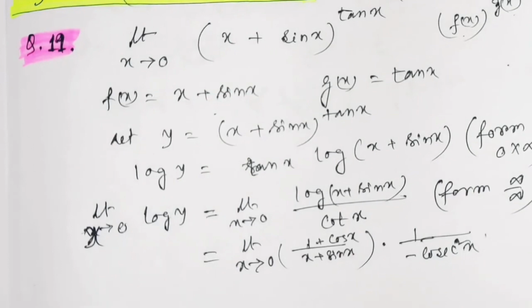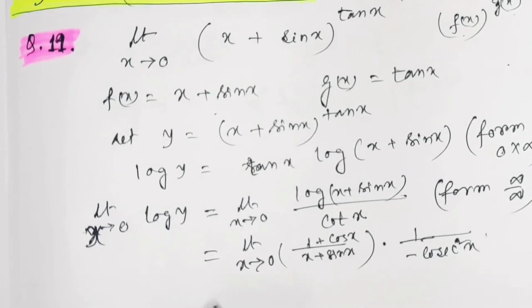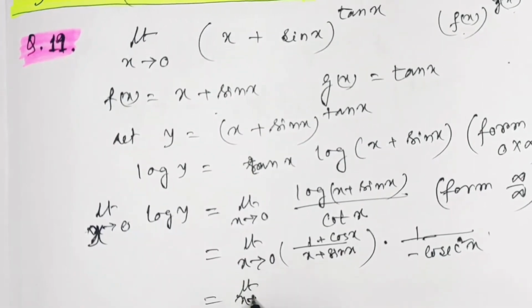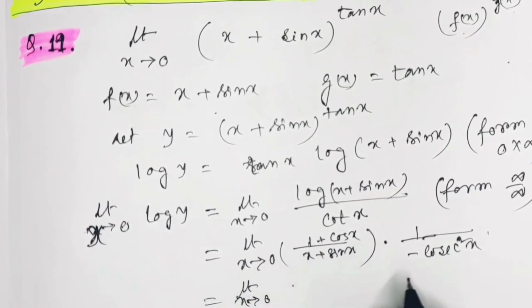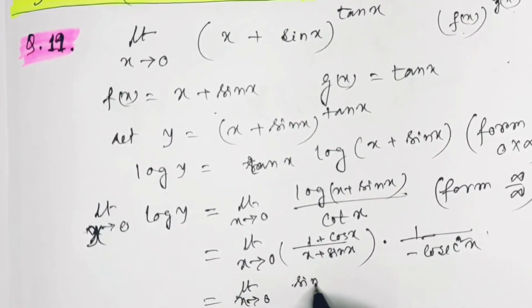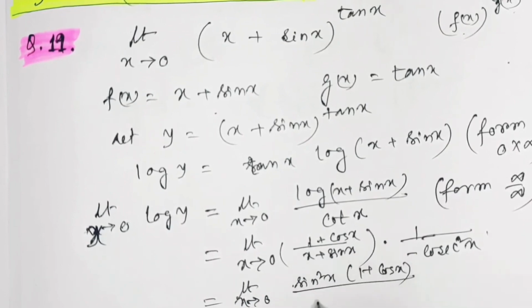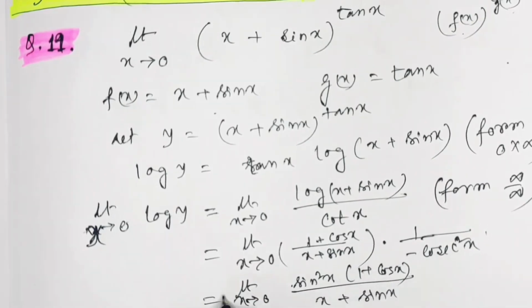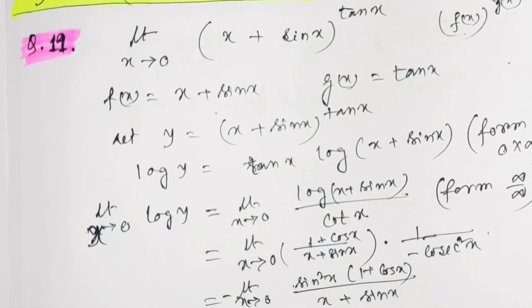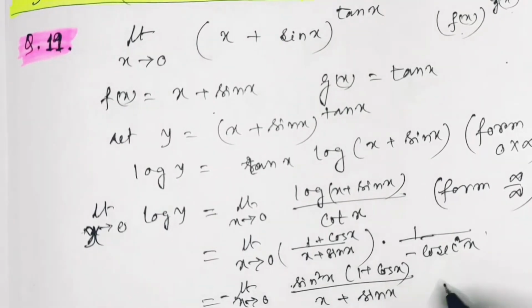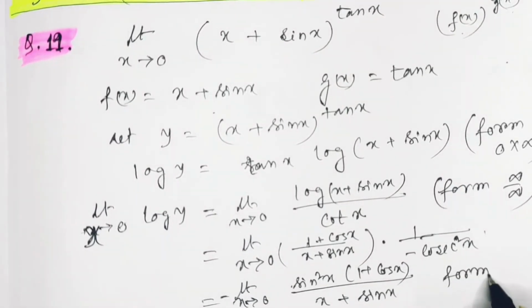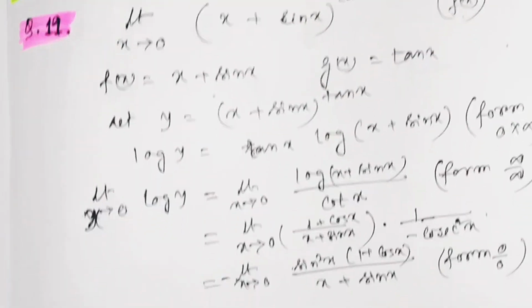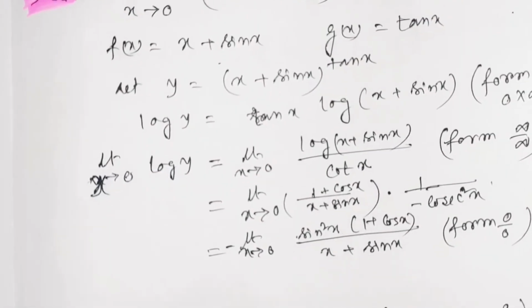So if we simplify this one, we shall find limit x tends to 0, then for simplification we write sin square x, then 1 plus cos x, divided by x plus sin x, and this negative sign we write on the outside. If we substitute x tends to 0, we shall find it is the form 0 by 0. Okay. So now we again take the derivative and after that we substitute.